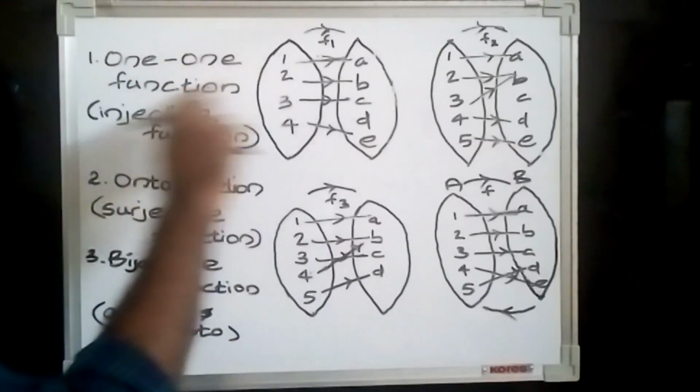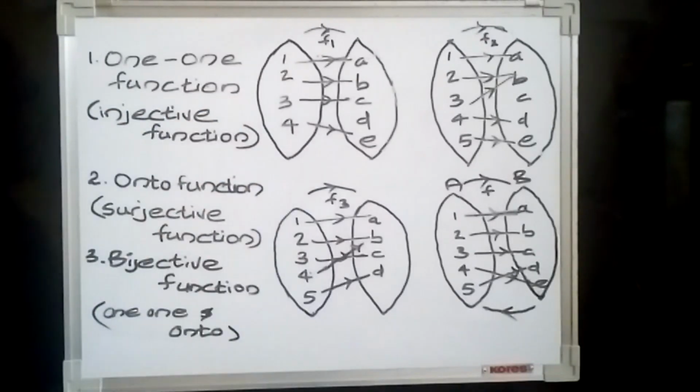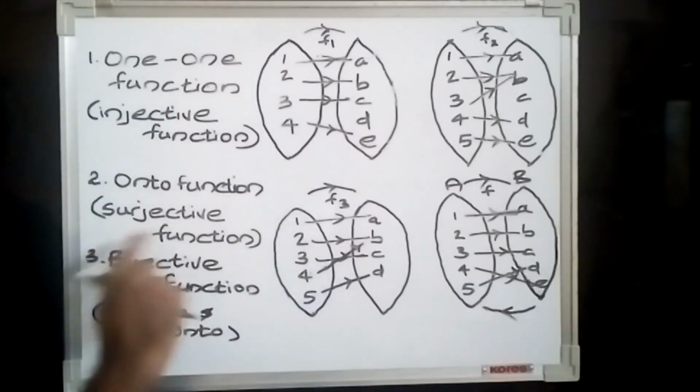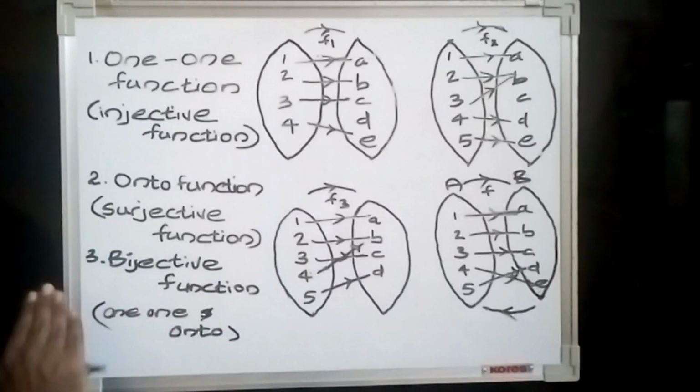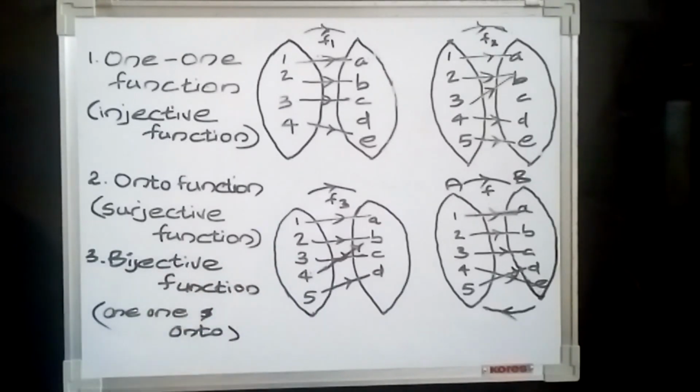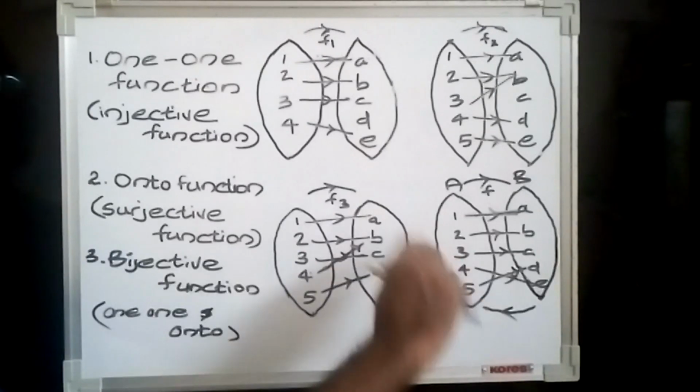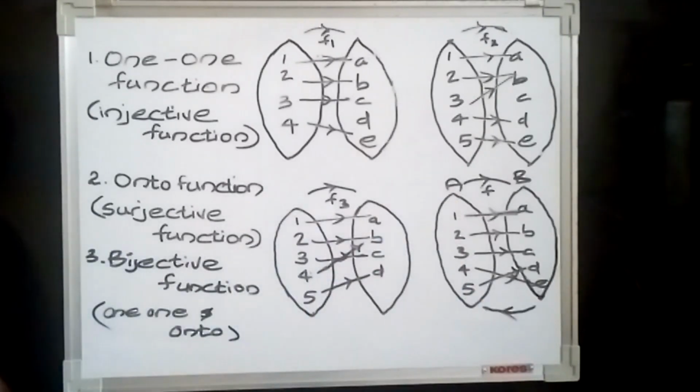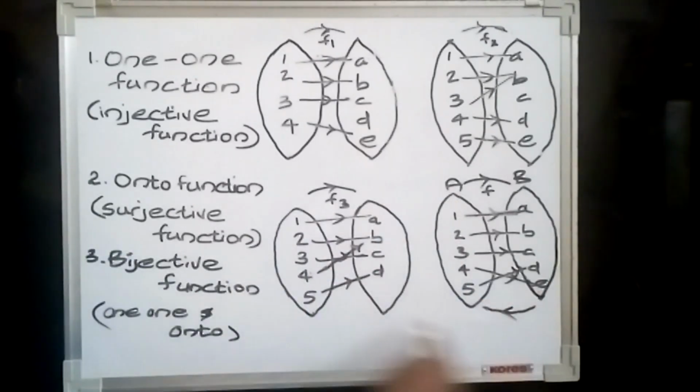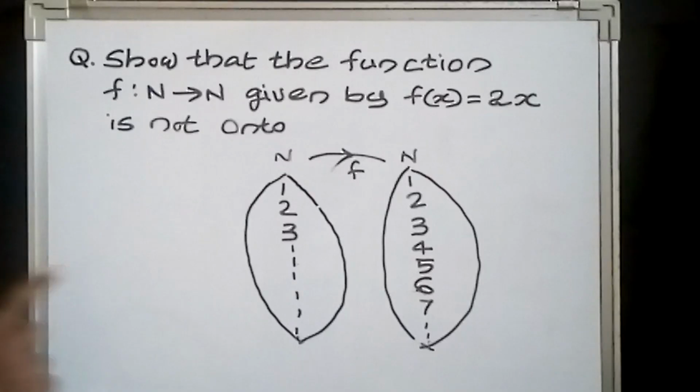First one is one-one function or injective function. Second one is onto function or surjective function. And the third one is bijective function, which is both one-one and onto. If a function exists from A to B, then we can find a reverse function from B to A.